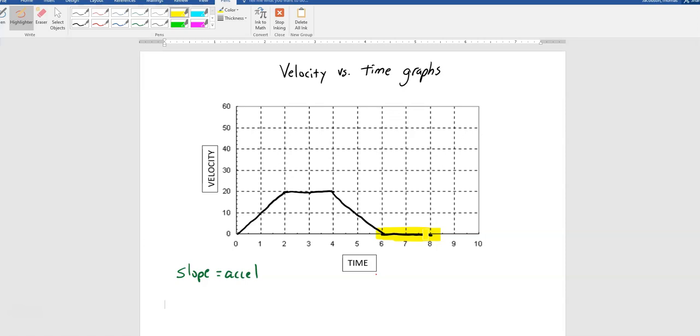But if we move our line across, we see that that constant speed right here is 0. So any line that is on the x-axis is stopped. Okay, so we've gone over speeding up, constant speed, slowing down, which would be this region, and stopped.